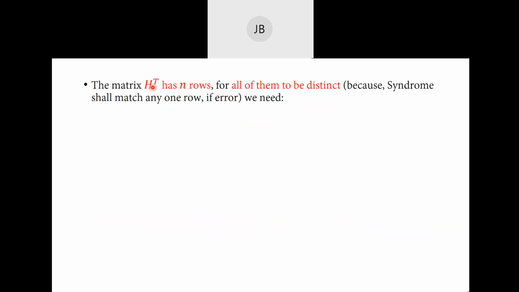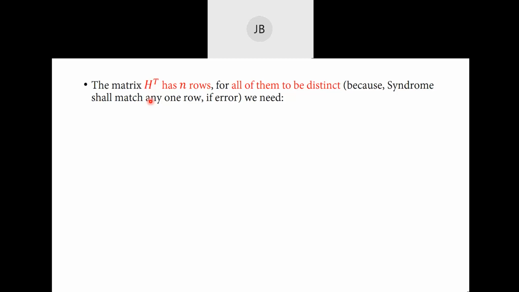The matrix H transpose has n rows, all of them to be distinct, because the syndrome shall match any one row. If the syndrome value is 001, we will check the different rows of H transpose, which row has the 001 pattern.